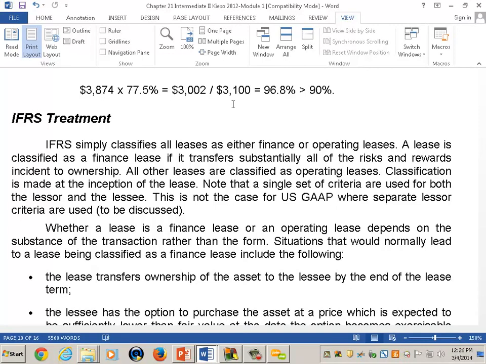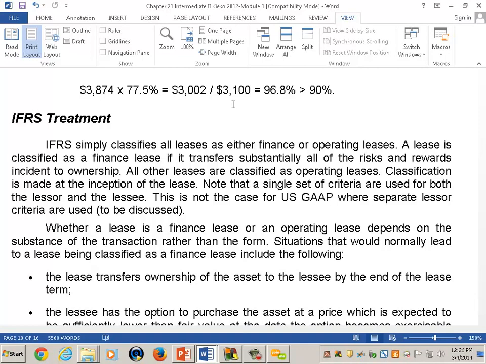So let's compare them. And as I said in the introduction today, I think leasing is the best example of this. And we are going to move away from the bright lines. By bright lines, I mean you have quantitative cutoffs that can easily be avoided.